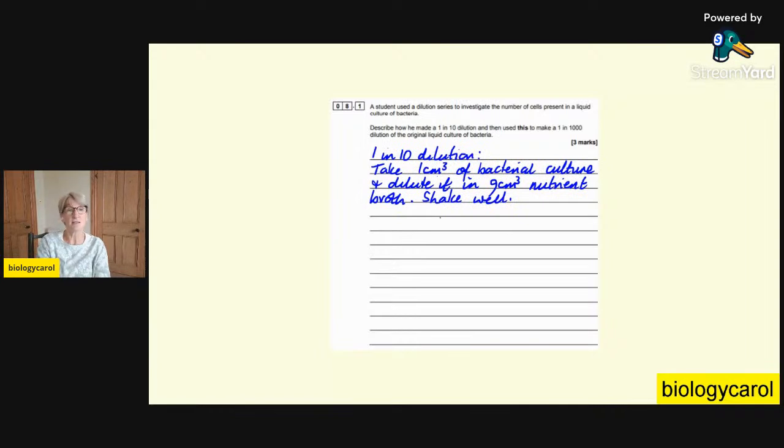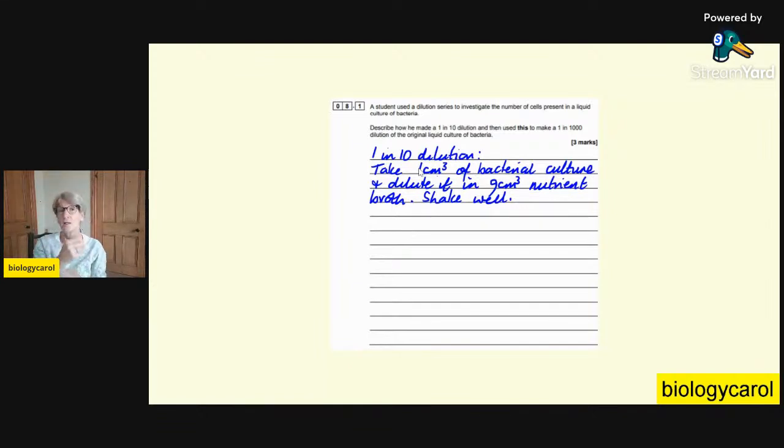Now, I wrote it as this. Take 1 centimeter cubed of the bacterial culture and dilute it in 9 centimeters cubed of nutrient broth, because you would end up with 1 centimeter cubed in a total of 10 centimeters cubed. It would be a 1 in 10 dilution.